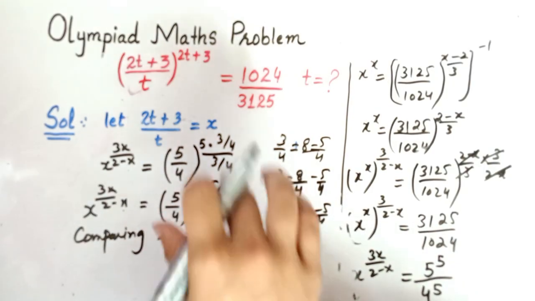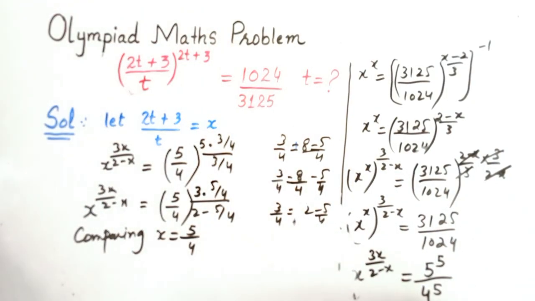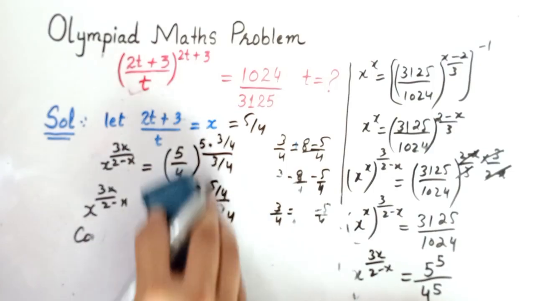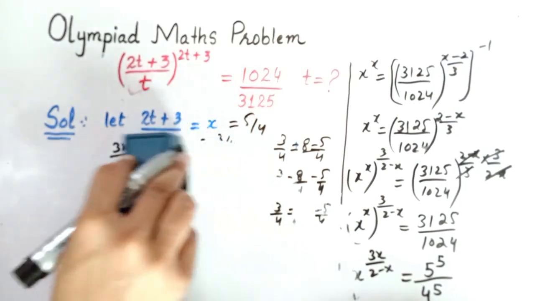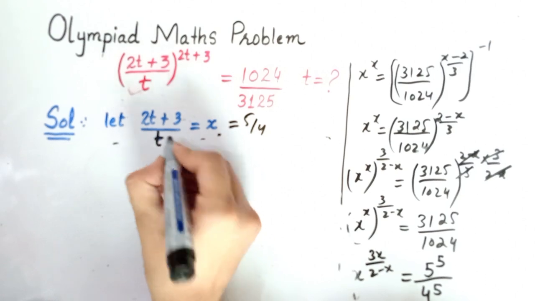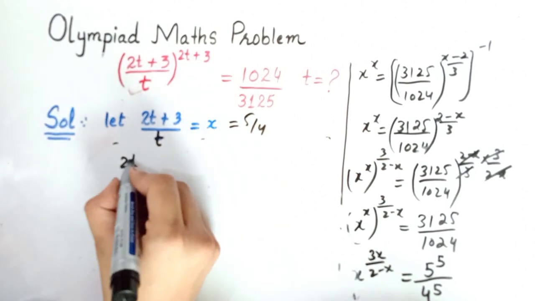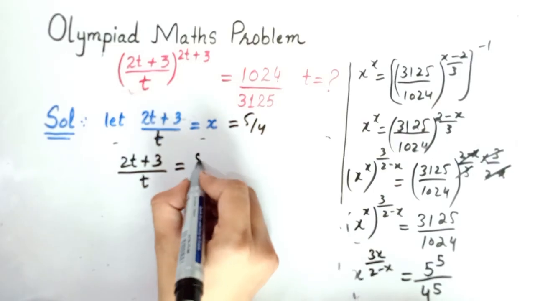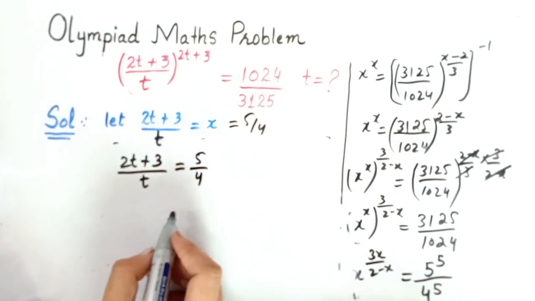Now if x is 5/4, you have to find the value of t. How will we solve this? We write (2t+3)/t equals x, that is 5/4.